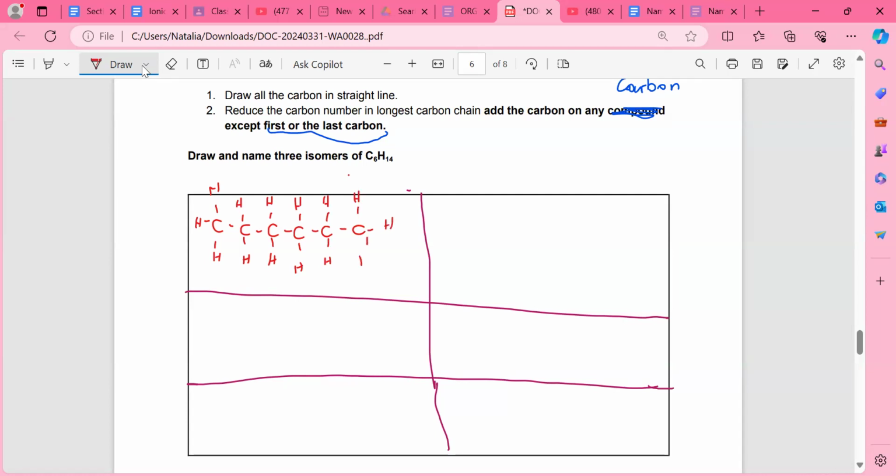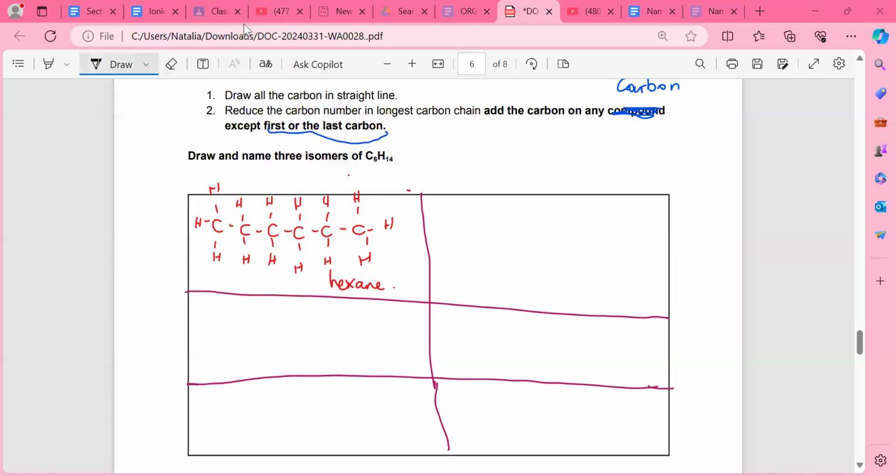What's the name of this? Hexane. This would be hexane. Everybody draw hexane.